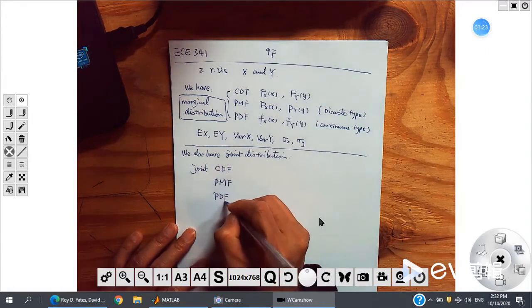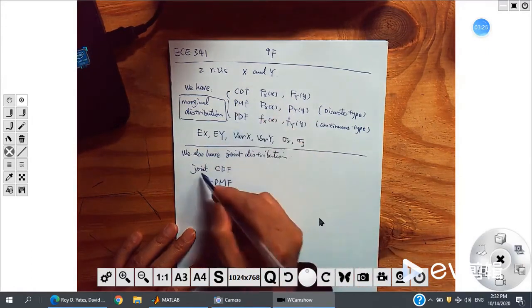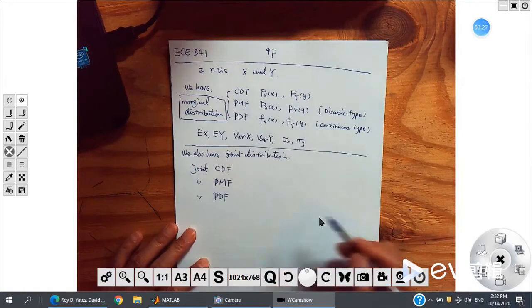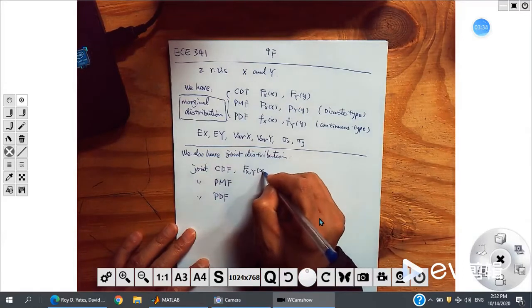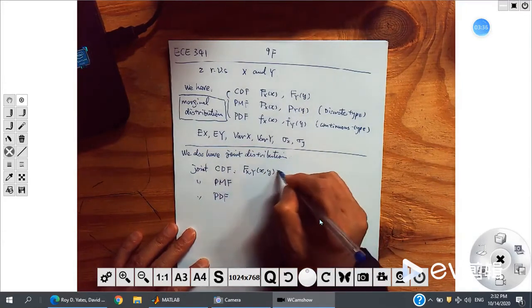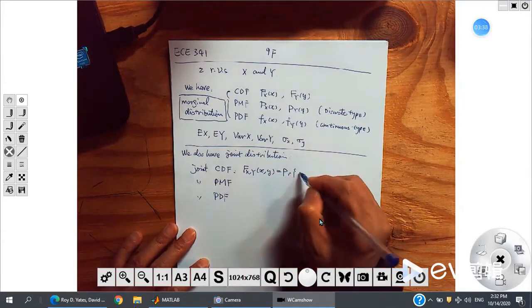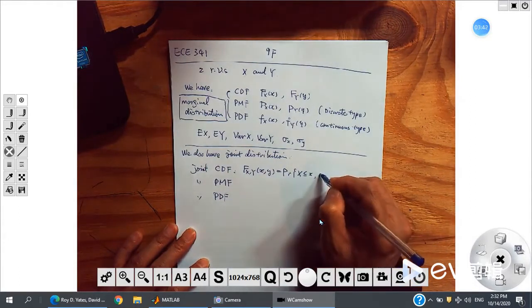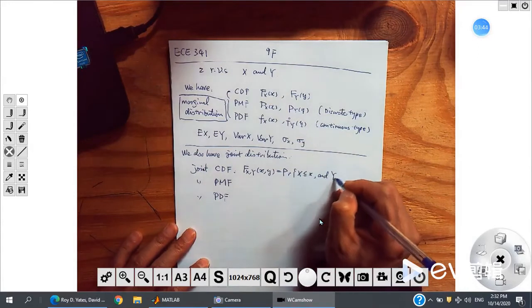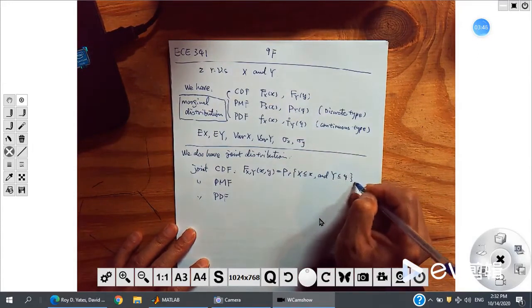We have these three, similar to the previous three, but now they are joint functions. The CDF is capital F_XY of lowercase x and y. That will be the probability of capital X smaller than x and capital Y smaller than y.